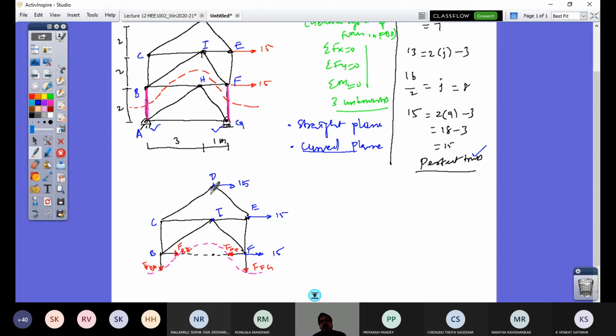Now, the joints C, D, I, E, F and all are not disturbed. They are there in the truss. What is disturbed now is that, instead of taking a joint, I cut the truss so that the members are cut. Now I look at the members here. I represent the members like this.